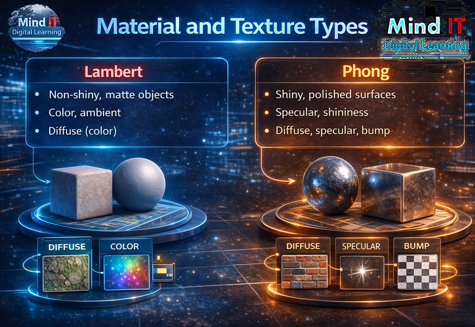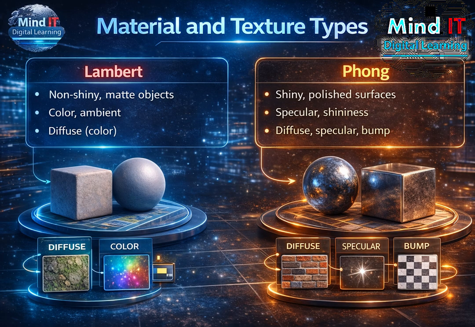Material and texture types. Shader and material, typical use case, key properties, common textures used. Lambert: non-shiny, matte objects. Color, ambient. Diffuse, color. Phong: shiny, polished surfaces.